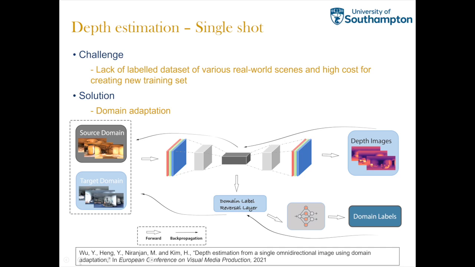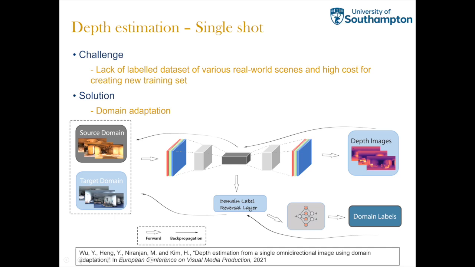So they try to get common features from the two domains and train the network using only those common features, so that the generator, the depth estimator, works well for the source domain as well as the target domain by fooling the discriminator. That is the training process.